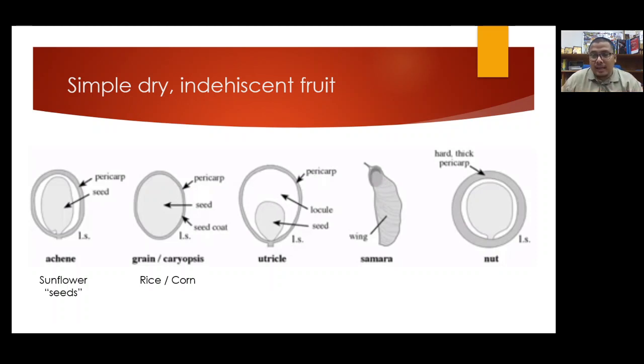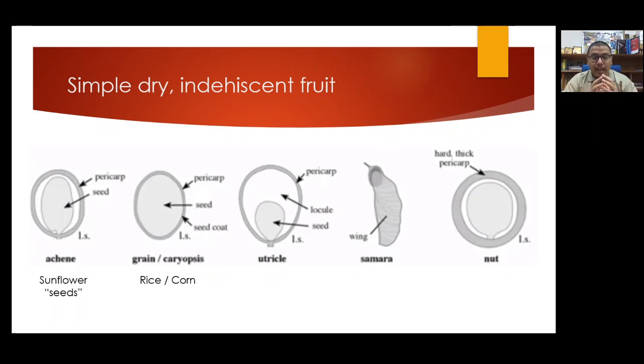And then that outer coating on the sunflower is called the pericarp. That's the outer hard coating of the sunflower seeds, in quotes, and that's really not a seed. It is that outer hard fruit wall, the pericarp.